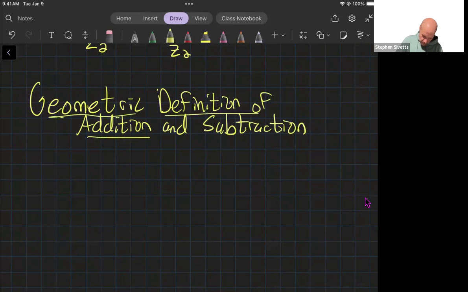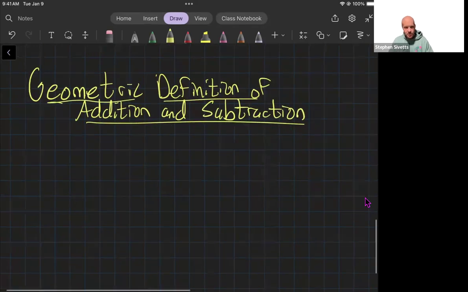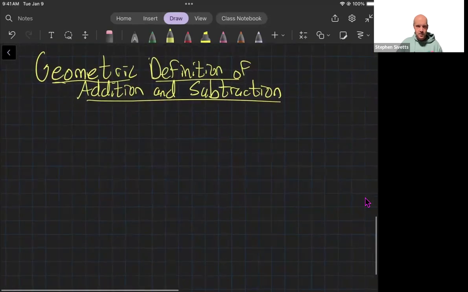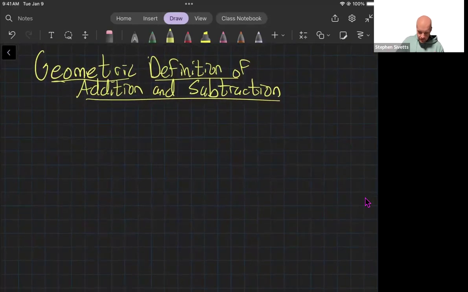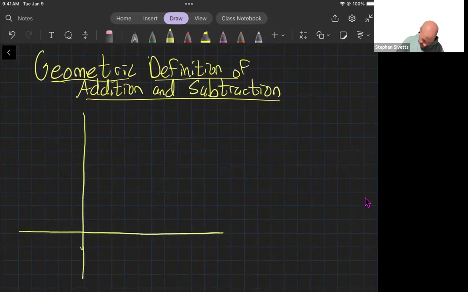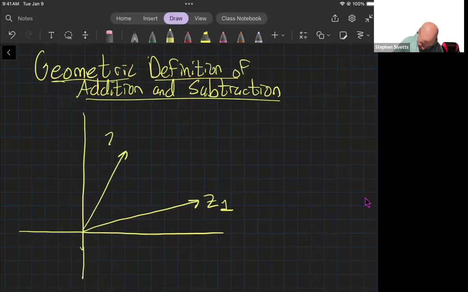I'm going to go over just the definition of how we would visualize geometrically the addition and subtraction of two complex numbers. Suppose that I define one complex number z1 in here, and let's say I have z2 as this complex number over here as a vector.